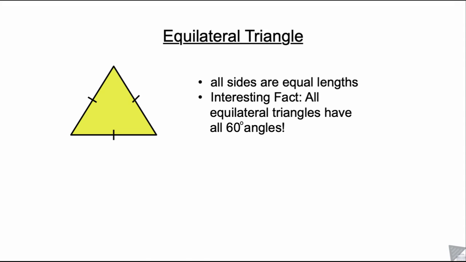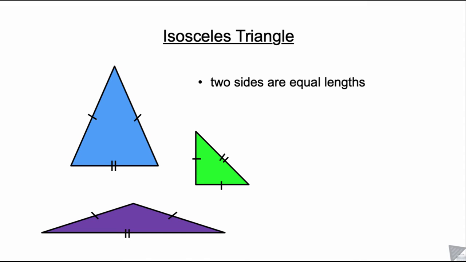Let's check out the next one, isosceles triangle. An isosceles triangle is a triangle where two sides are equal lengths. So I have a few different examples over here. In the blue one, we have two the same at the top. And now we'll notice we have two hash marks, or two tick marks, that represent a different length. So these two are the same, and then this one is different.